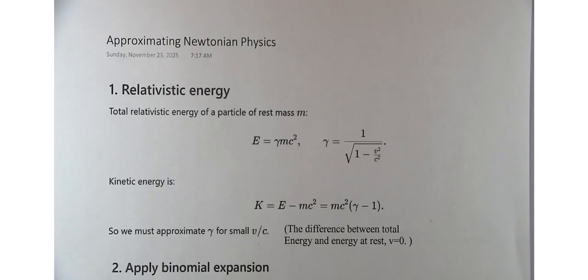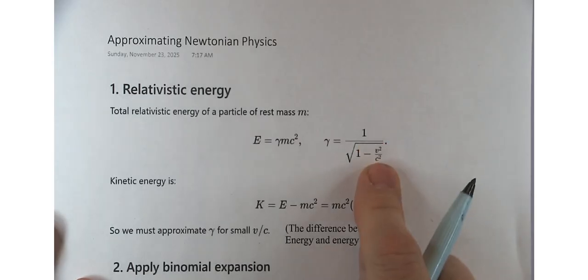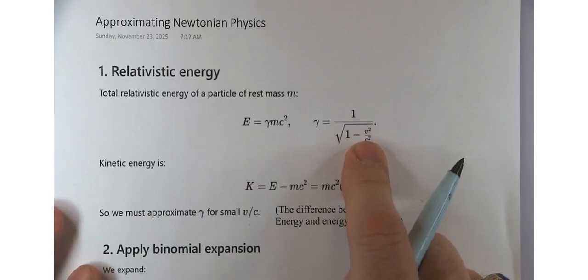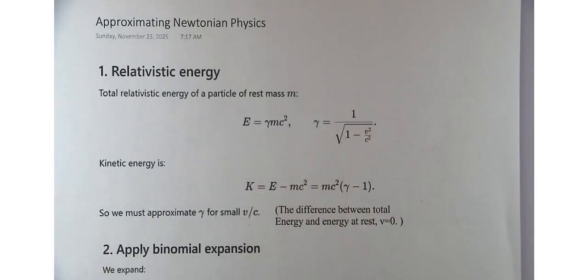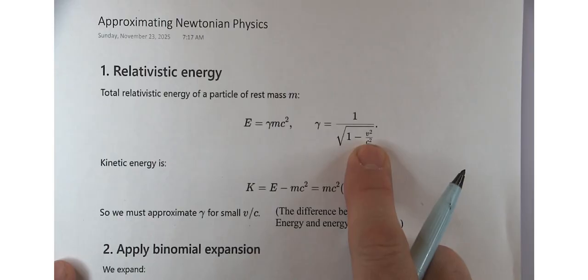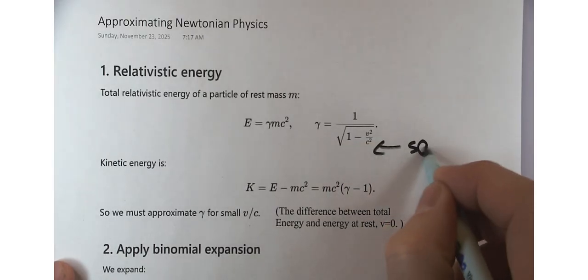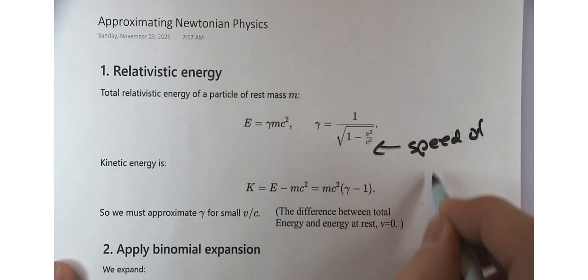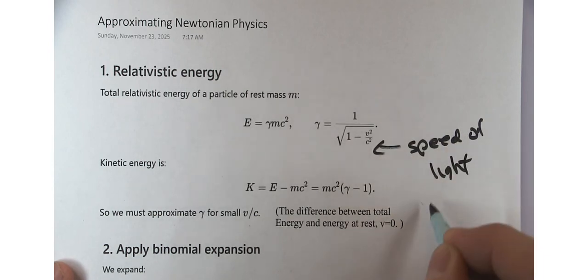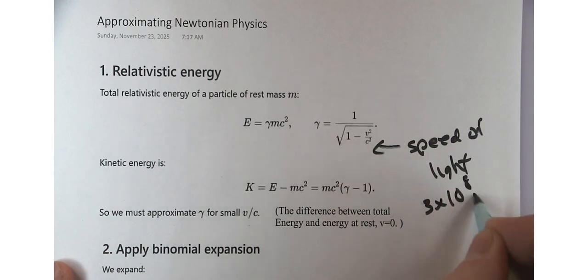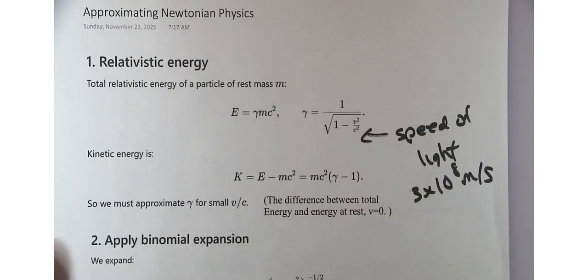Anyways, we got this function gamma, which is 1 over the square root of 1 minus v squared over c squared. c is the speed of light, about 3 times 10 to the 8th meters per second. It's just blazingly fast.